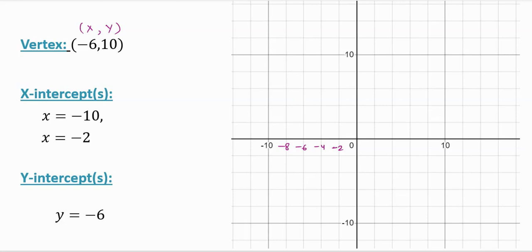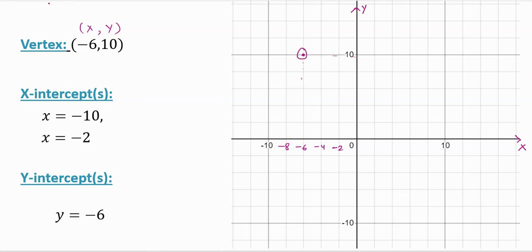You can take the scale according to the given values. So the vertex is (-6, 10), so the value of y is 10. This is your x-axis and this is your y-axis. So x is equal to -6 is this line, and y is equal to 10 is here. So this is your vertex.